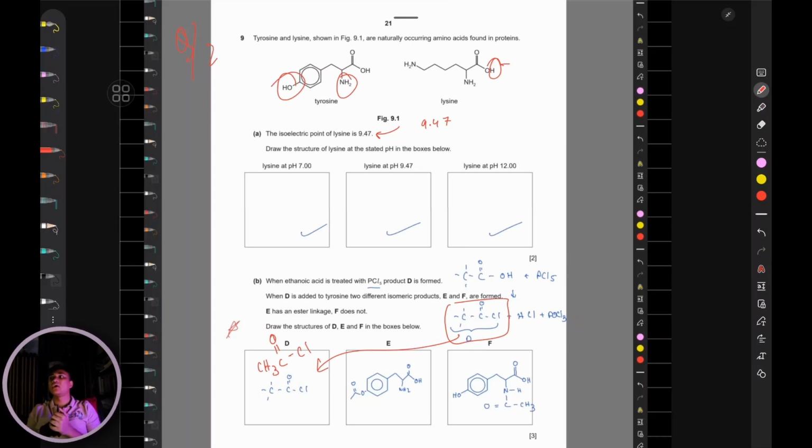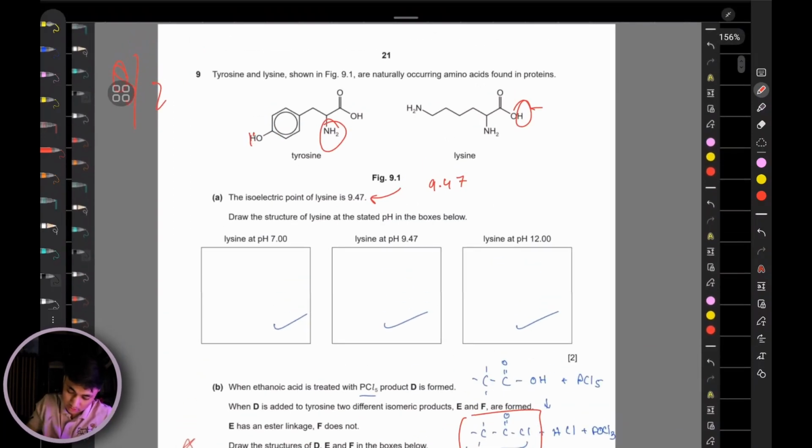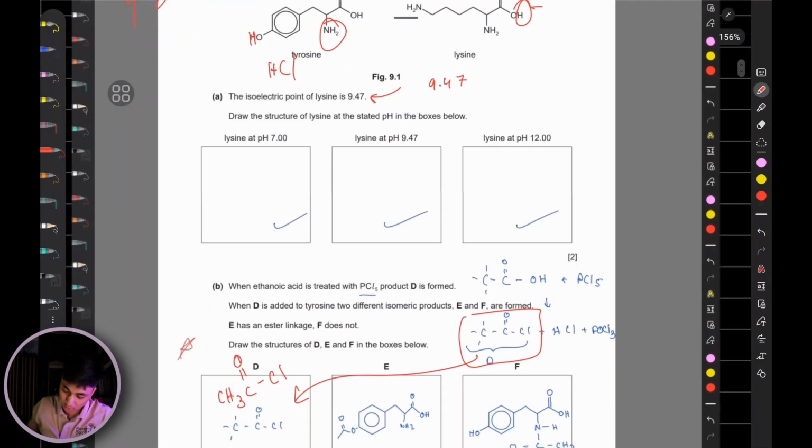Even in the case of ethanoyl chloride, since it is more reactive, it acts similar to carboxylic acid. If it reacts with alcohols or amine groups, it's going to form either an ester linkage or an amide group. So similar to that, this Cl is going to take this H out, form HCl, and there's going to be an ester bond between this and this.